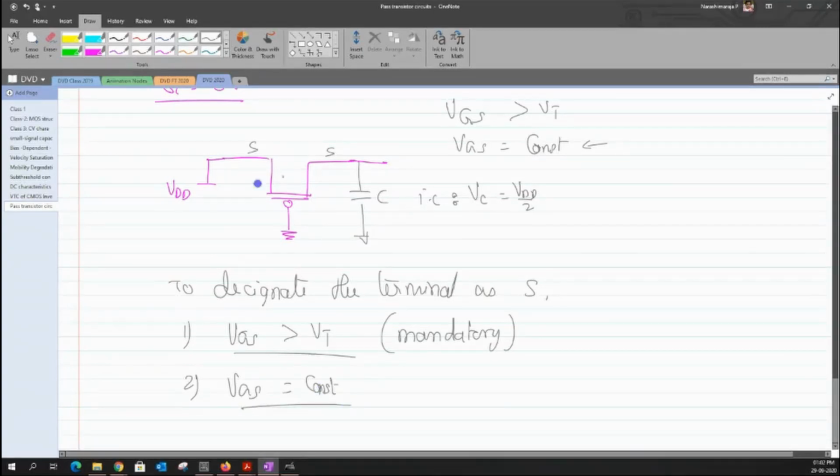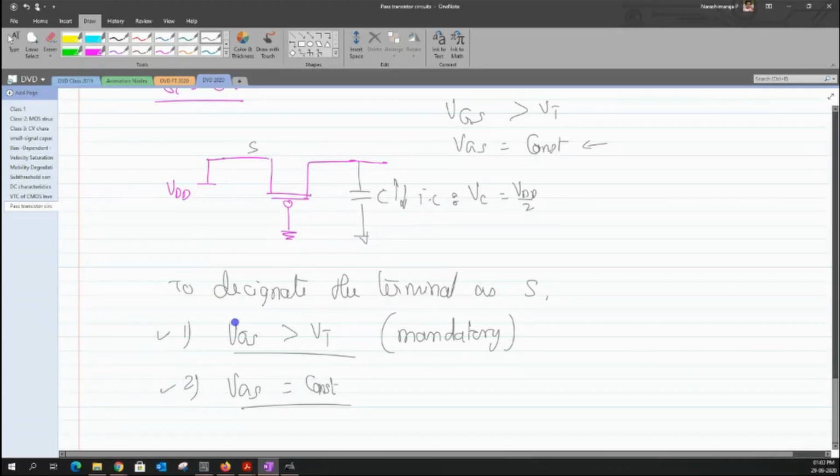In this case, if I choose the right side terminal of my PMOS transistor as the source, then during charging or discharging, the capacitor will either charge up or drain off. So this becomes something like a variable. But when you consider the other end, the left side terminal, you could see that both conditions can be satisfied.